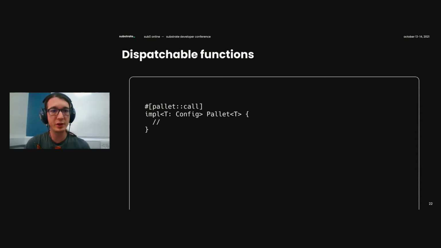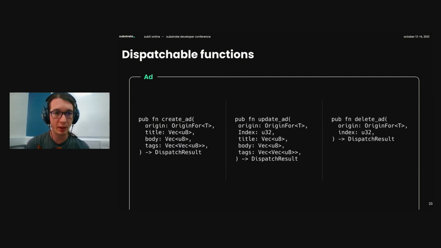All right, dispatchable functions. Dispatchable functions make up the core of the pallet. They're all labeled with the pallet call macro, and we will see some examples shortly.